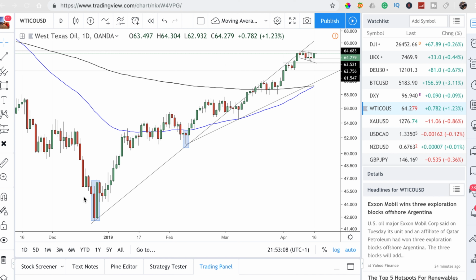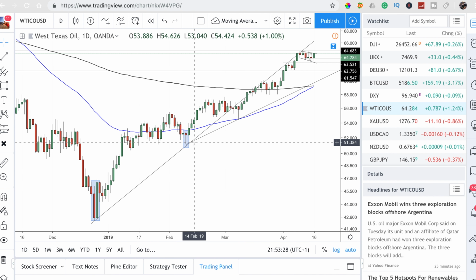You can see here we had a nice bearish engulfing candle. This candle here completely engulfs this candle. What happens then after that is we normally get a bit of a pullback, a retest, and then we look to go long.